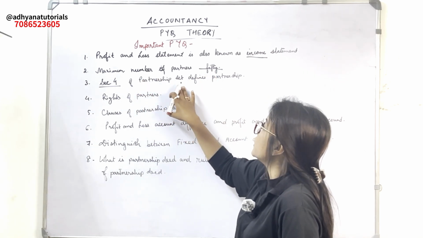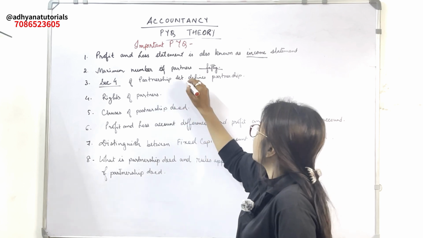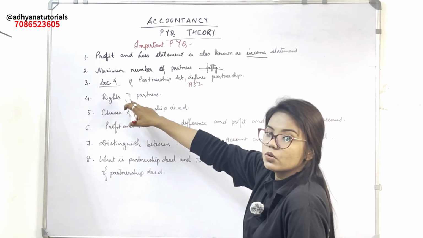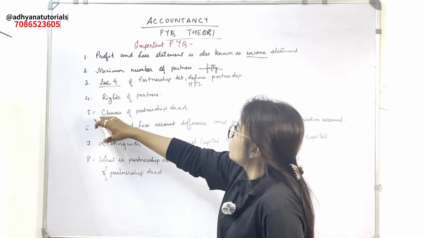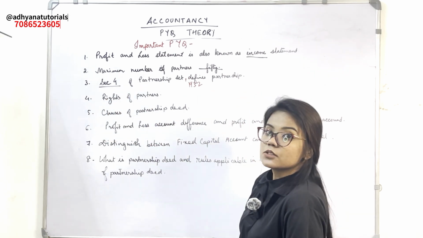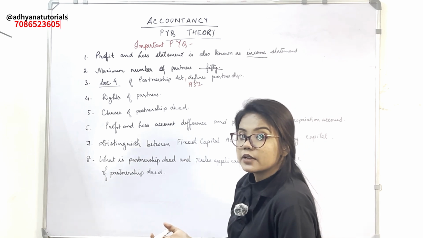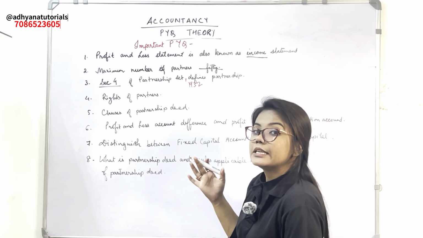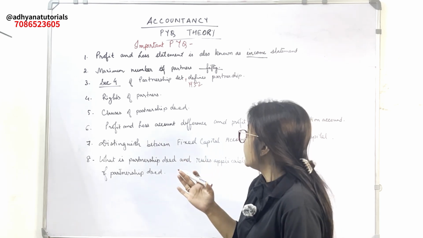Which section of the Partnership Act 1932 defines partnership? That is section 4. Then you can go through rights of the partners, what are the rights of a partner, and the clauses of partnership deed, what clauses it may contain.